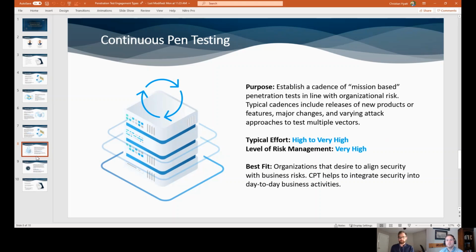So EC2 instances are potentially in the mix there. There might be web applications being hosted from AWS environments. So the environment is multifaceted, and because of that, the attack surface is huge. So where continuous pen testing becomes highly beneficial is setting up different smaller engagements to target specific parts of the environment, so that it doesn't all just get pushed into one week and a lot gets missed.